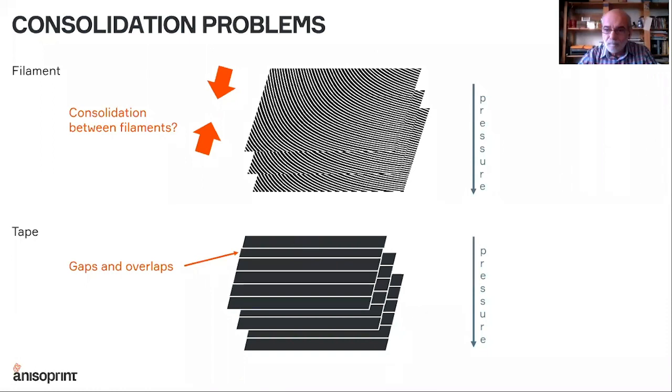If you are placing tapes, there is a well-known problem of gaps that can happen between two adjacent tapes, or they can sometimes even overlap. And that's a well-known problem in fiber placement because the tolerance is not so high, so you will always have these gaps and overlaps, and you cannot get rid of them with pressure consolidation.